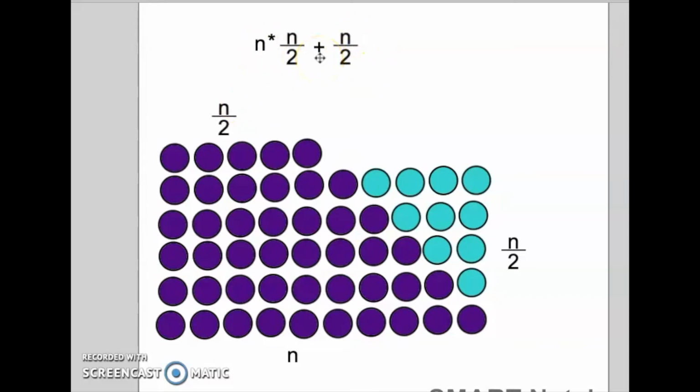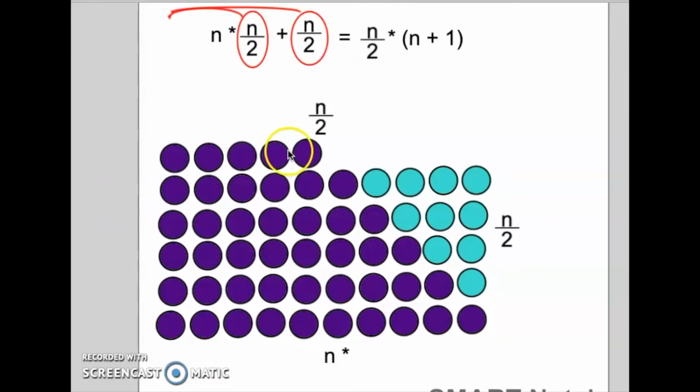How can we use our algebra skills to see how this is equivalent to the other expression? Well, we can notice that this n over 2 factor is in both of these terms, right? It's n times n over 2, plus 1 times n over 2, or just n over 2 by itself.